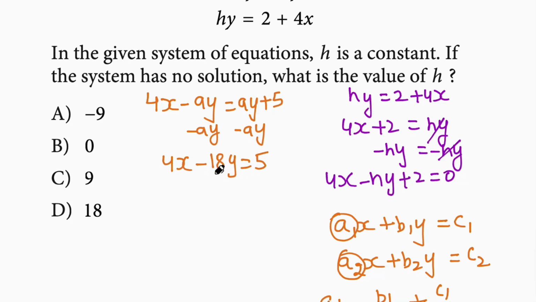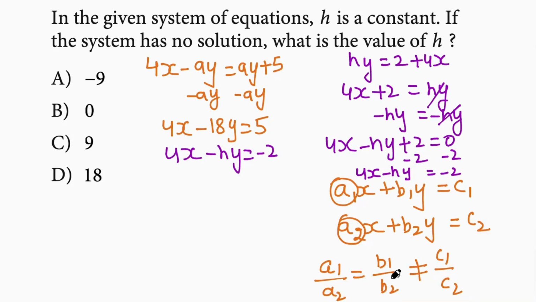Now in our first equation, the constant is on the right hand side, so it should also be on the right hand side. For that we have to subtract 2. So 4x minus hy is equal to negative 2.